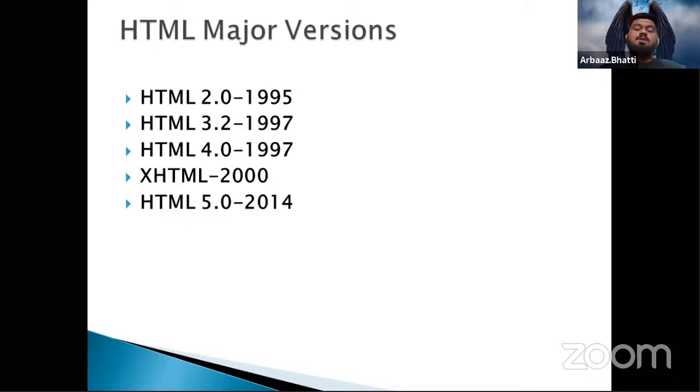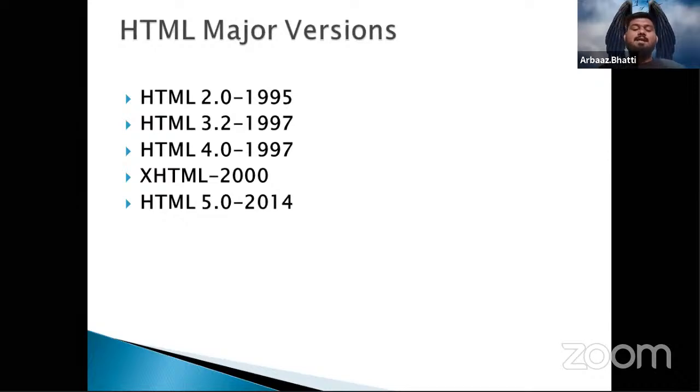There were some limitations in HTML 2.0, which were addressed in HTML 3.2, published in 1997. Everything which has been developed doesn't have all the access, like there were some limitations in the beta version.